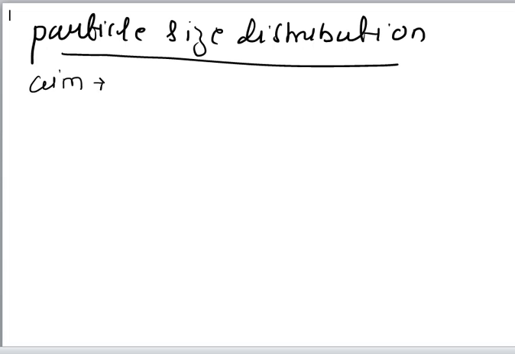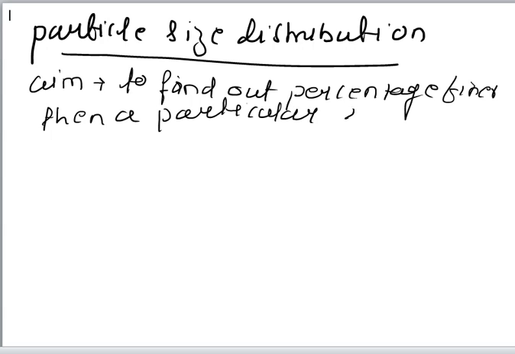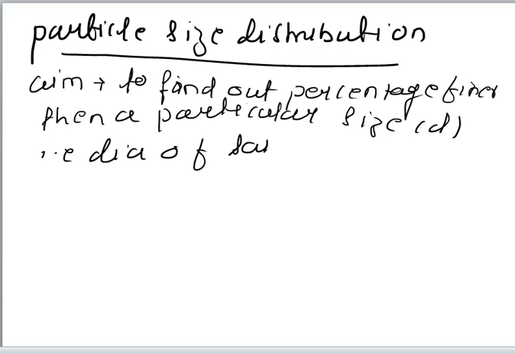It is to find out the percentage finer than a particular size d. And what is this size d? That is the diameter of the soil solid.